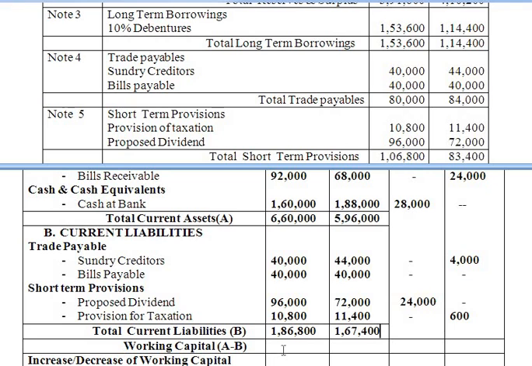So next we can find out the amount of working capital. The formula of working capital is current assets minus current liabilities. The amount of current assets is 6,60,000, whereas current liabilities are 1,86,800. So 6,60,000 minus 1,86,800, the balance will be 4,73,200.